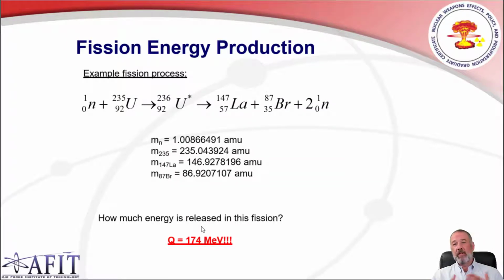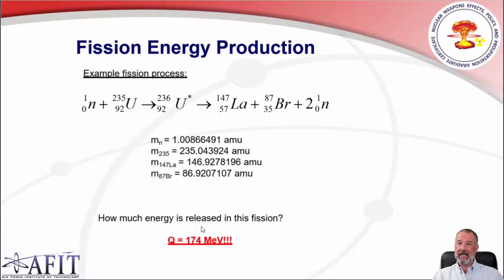So, energy production from fission. Now we've looked at the mass balance. We've looked at how to convert MeV into other units. So again, we're going to write that very standard equation out, where we have one neutron coming in to U-235, which again makes that metastable nucleus of uranium-236, which then immediately fissions. And in this particular case, we're going to get a lanthanum nucleus, a bromine nucleus, and two neutrons.